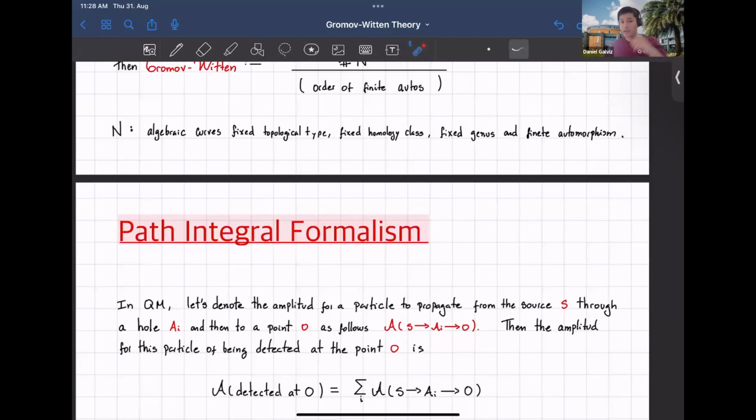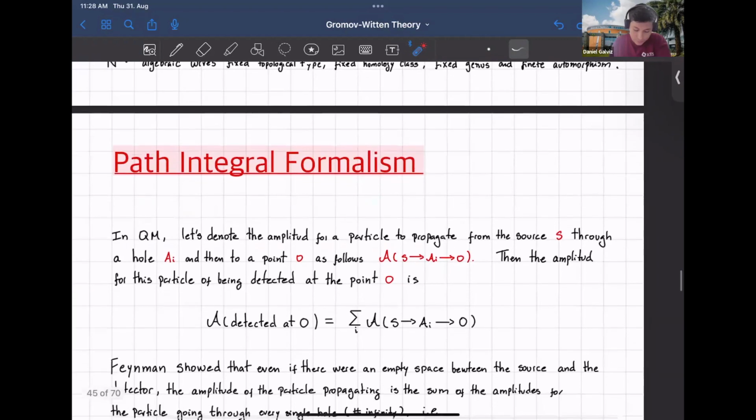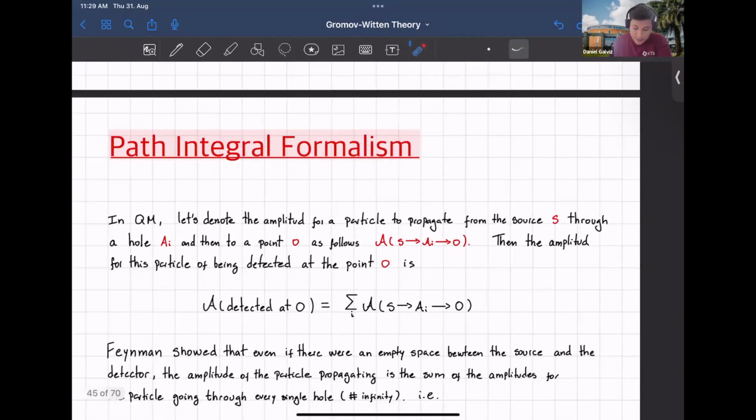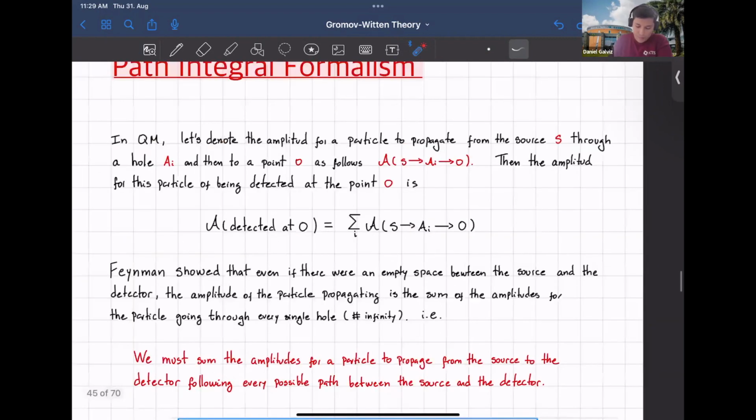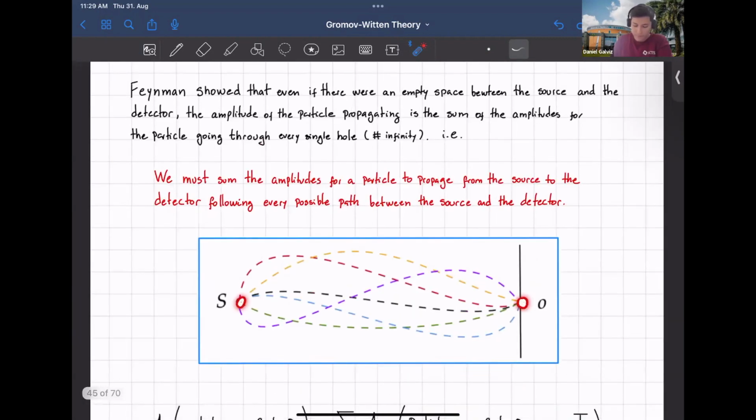But since there are a lot of math students, I want to give you an introduction to what this really means and why this appears. So we are going to describe the path integral for this. In quantum mechanics, we are going to have an experiment sending a particle from one point to our detector.